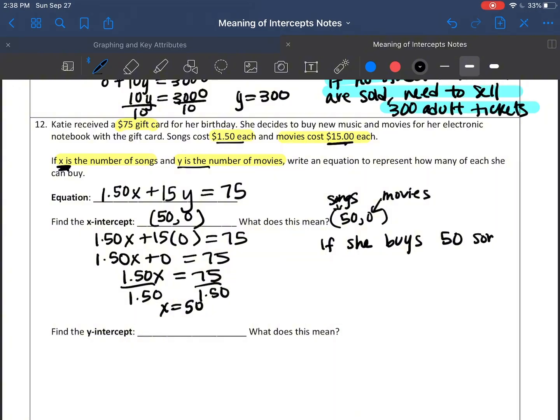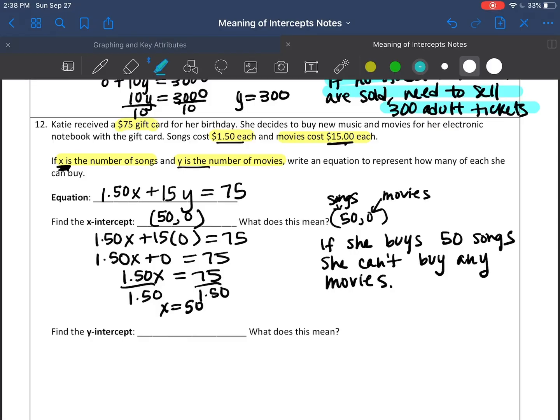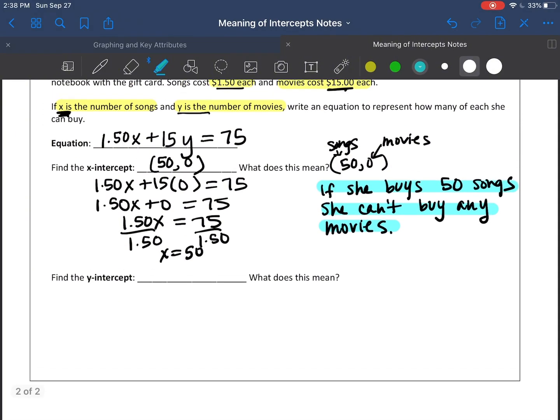So if she buys 50 songs, she can't buy any movies. Or you could say if she doesn't buy any movies, she gets to buy 50 songs. Either could be options on a test. Both wouldn't be options because both would be correct.